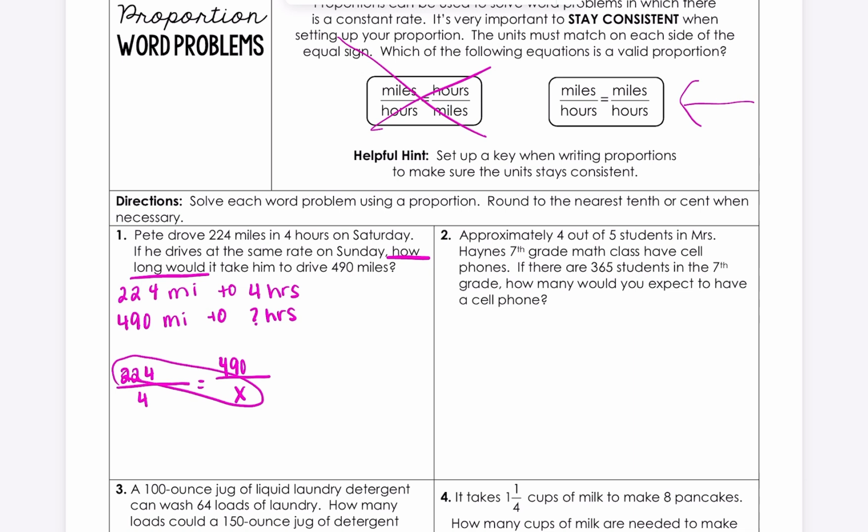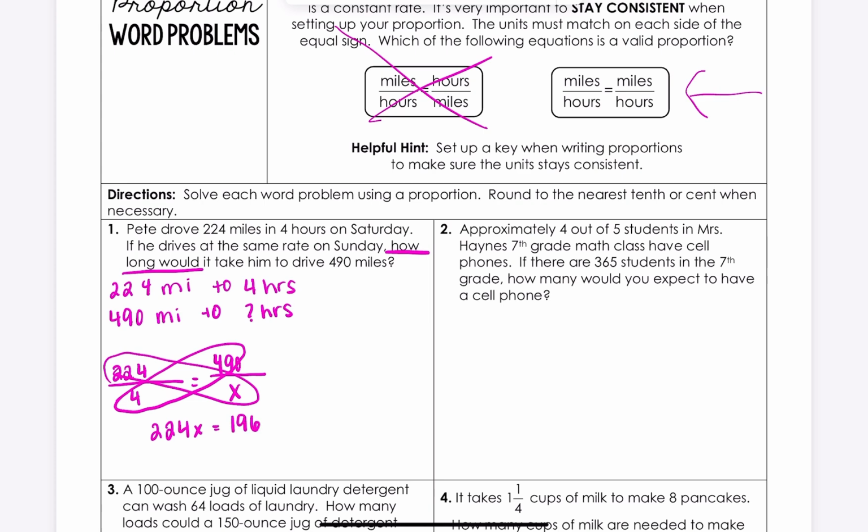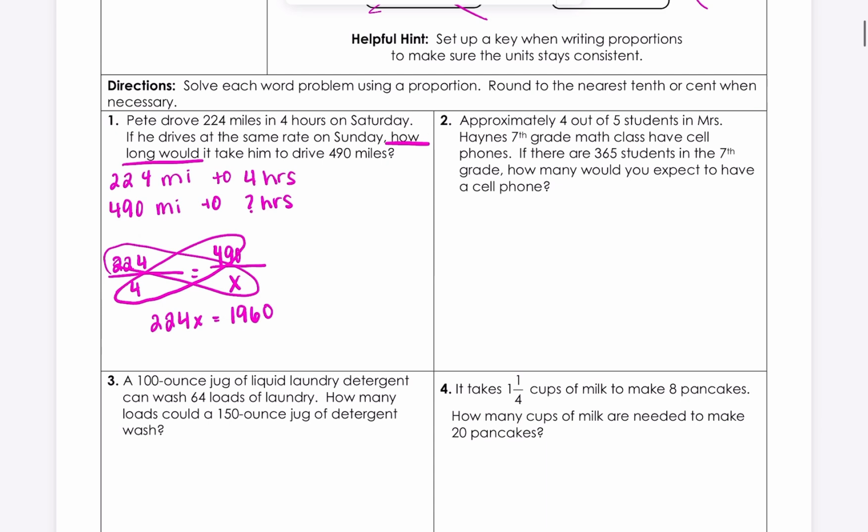I bring that down, equals, and then I cross multiply again diagonally. Make sure that you are being diagonal with it. Now I have 490 times 4, and that gives me 1,960.